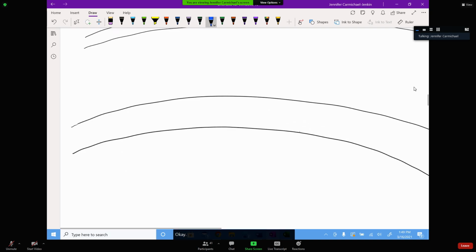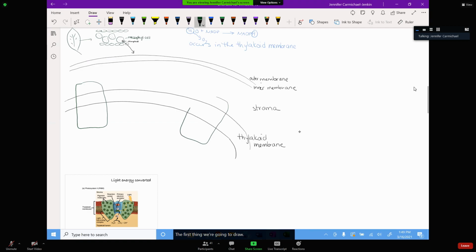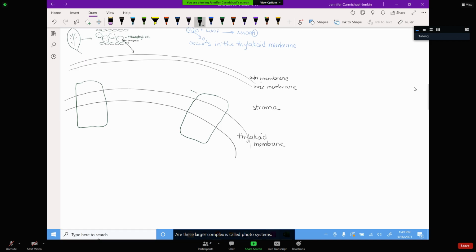Okay, so let me zoom out here so I make sure I have enough room. The first thing we're going to draw are these larger complexes called photosystems. And then in between the photosystems is an electron transport chain.